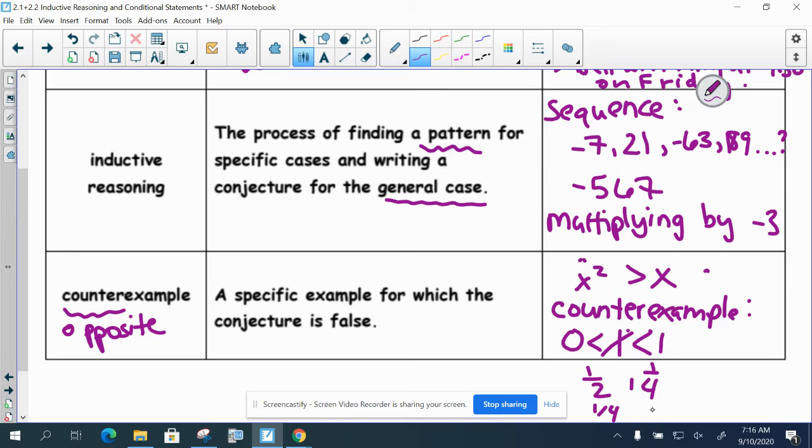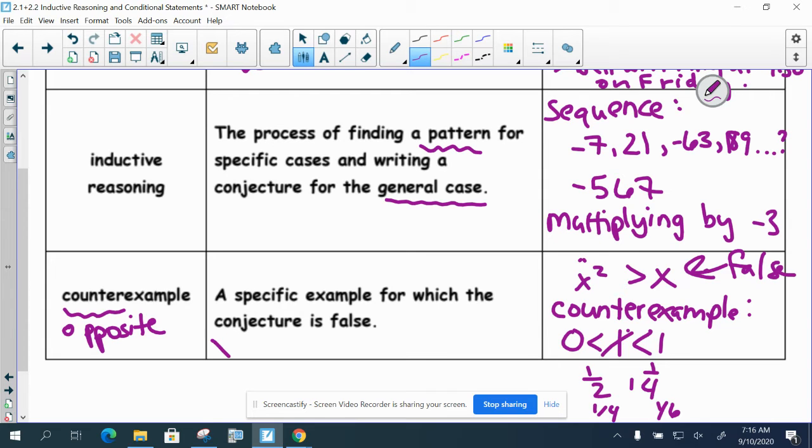And when you square 1/4, you get 1/16. And in those two cases, the value of x squared is actually smaller than the value of x. So anytime you have a fraction that's less than 1, then this wouldn't be true. So these would all be examples of a counterexample. So as long as you can find just one counterexample, then you know that this is false.